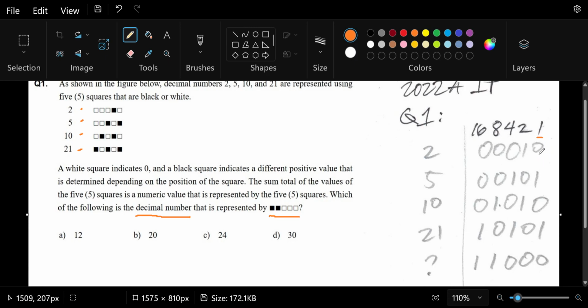So if we want to get 2, we need to move to the next column. The next column, the decimal value, if it's 1, is 2. Now, because we want only 2, we need to put a 0 on the first column and a 1 on the second column. And in that way, we get a 2.